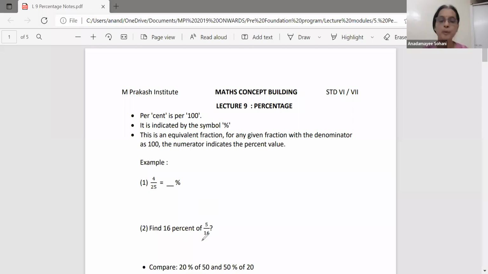Now, another terminology: how we talk of, find 16% of 5 by 16. Okay. Now, what is 20% of 120?